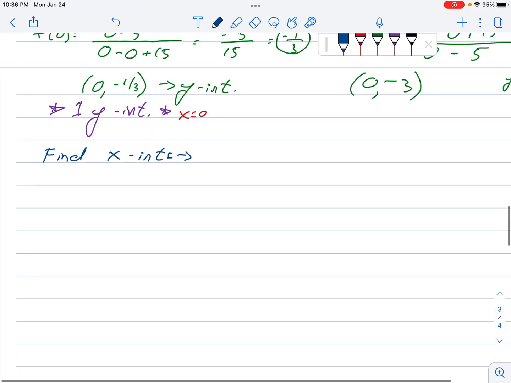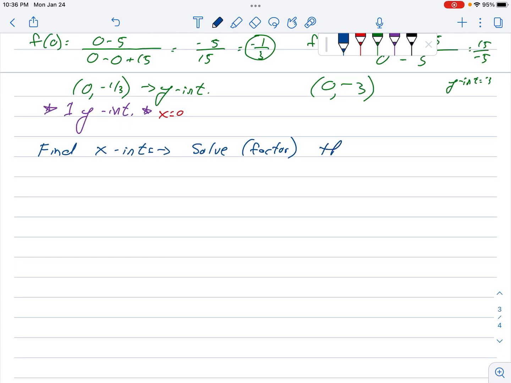So finding the X-intercepts, you solve. In other words, for most of the time, it's factoring the reduced function. Once we reduce it, we make it easier. We know what the graph will look like.